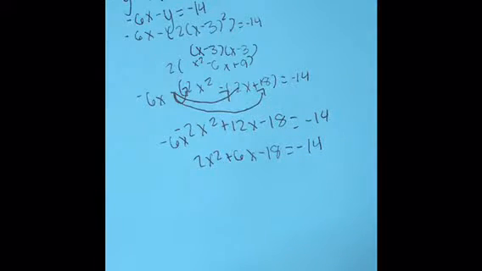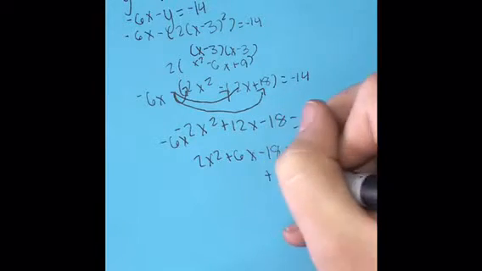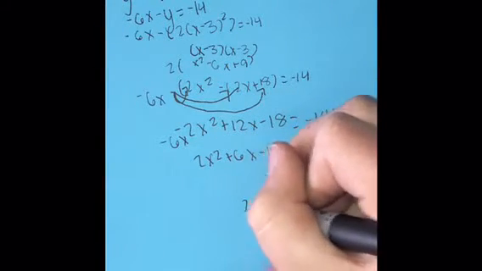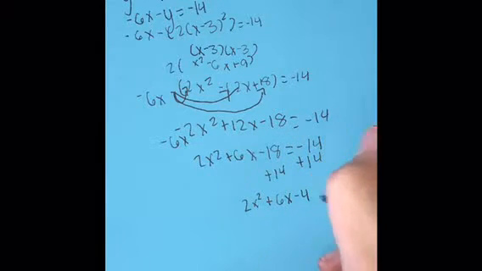My next step is going to be to push all of the terms onto one side of the equation, so I have to add 14 to both sides, giving us negative 2x squared plus 6x minus 4 is equal to 0.